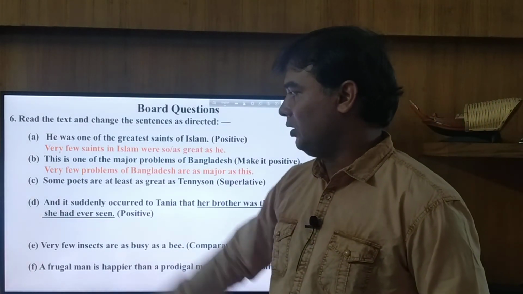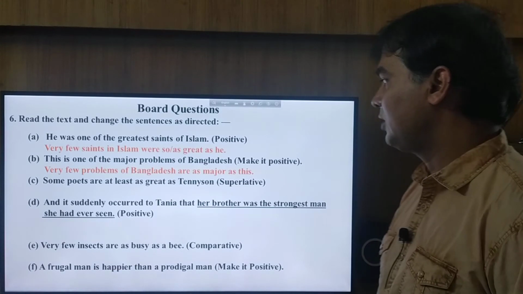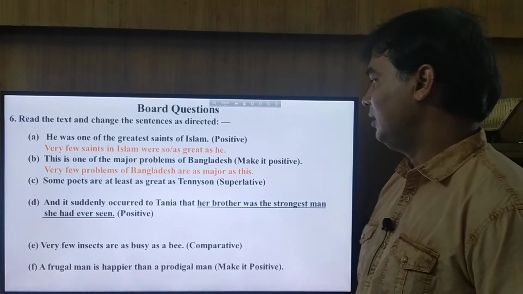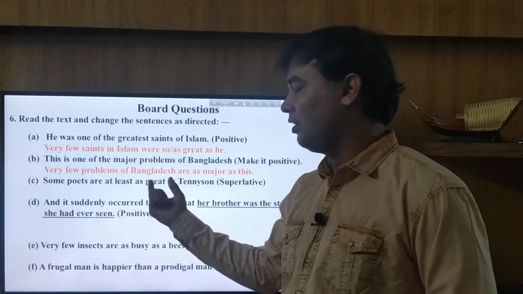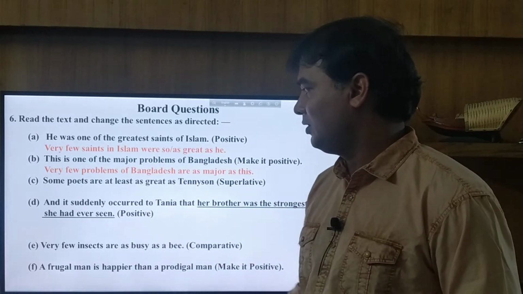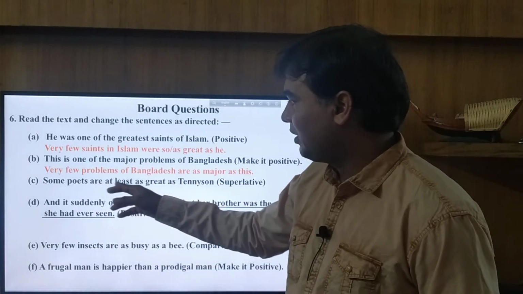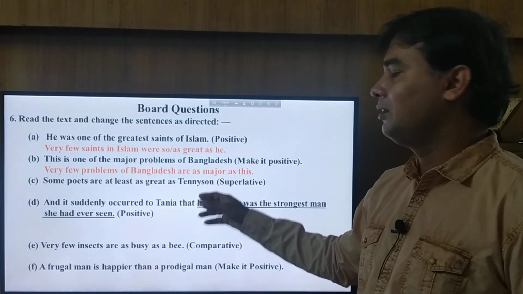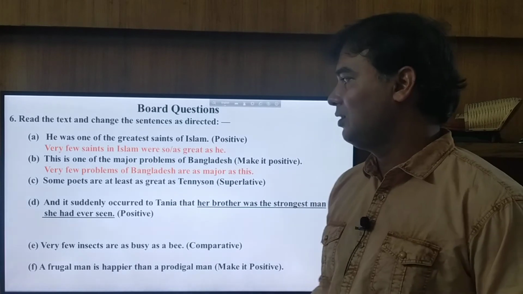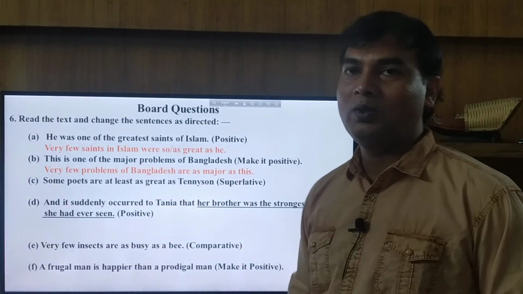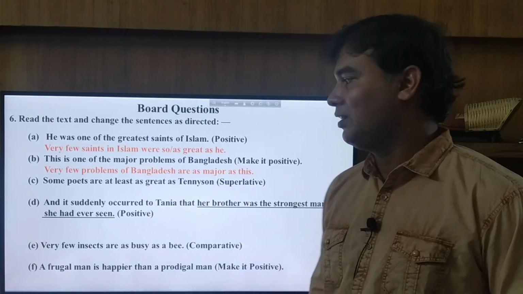Then the next one: Some poets are at least as great as Tennyson. This is very important because there is a puzzle in this sentence. Some poets are at least as great as Tennyson. That means Tennyson is one of the greatest poets. There are other poets who are also great.